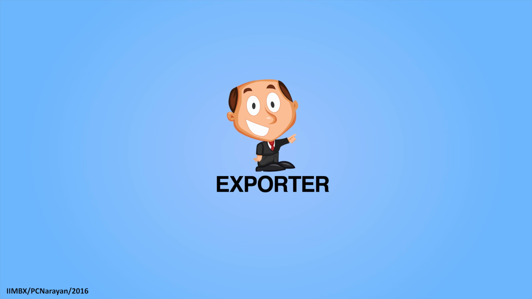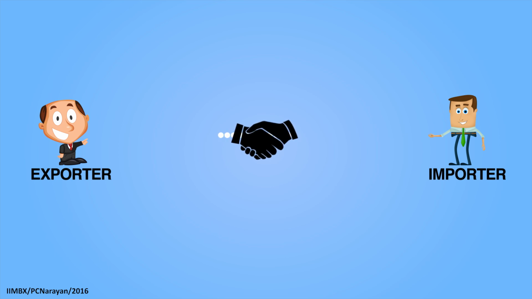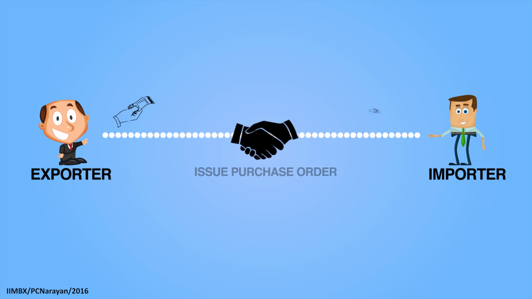Let's look at the process flow in a banker's acceptance. First of all, the exporter, i.e. the seller, and the importer, i.e. the buyer, agree on the goods to be supplied by the exporter and the price that the importer will be required to pay.